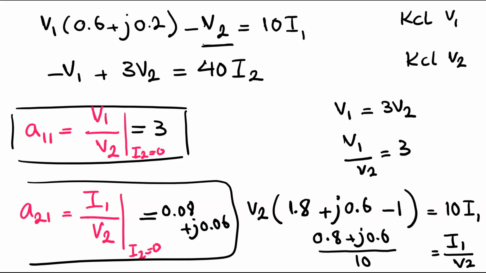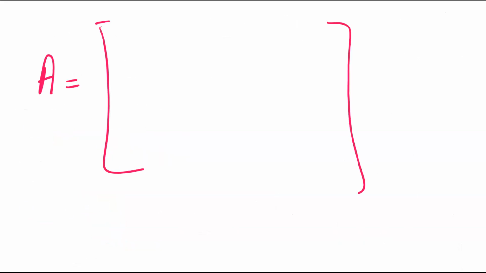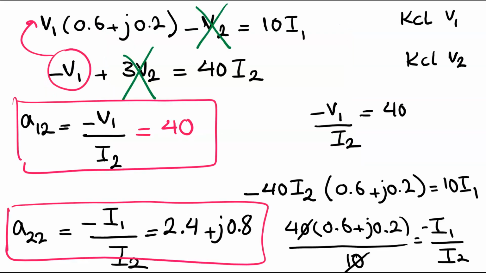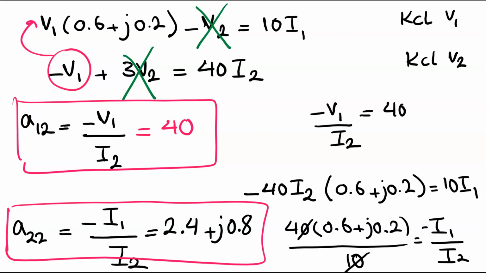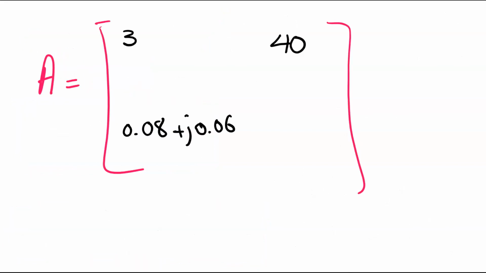Now I'm going to write my A matrix here. So my A matrix is equal to, from the first scenario, I had A11 as 3 and A21 as 0.08 plus j 0.06, and my A12 from the second scenario is equal to 40, and my A22 is equal to 2.4 plus j 0.8.